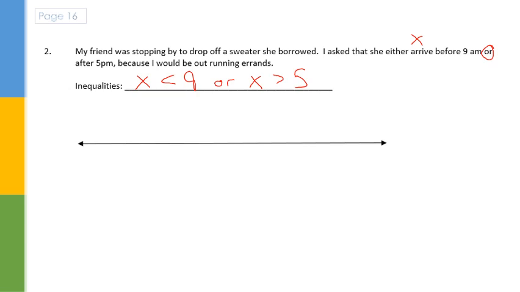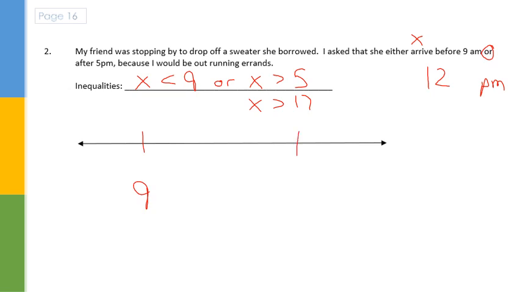Now, we have to be a little careful with this on our number line because I have a 9 and a 5. So I'm going to cheat and I'm going to use military time. If we're thinking time-wise, because we have 9 a.m. and 5 p.m., to find military time, you just literally take any p.m. time, so any time in the afternoon, and you add 12 to it. So this would be 17. So I'm going to look at my number line here.